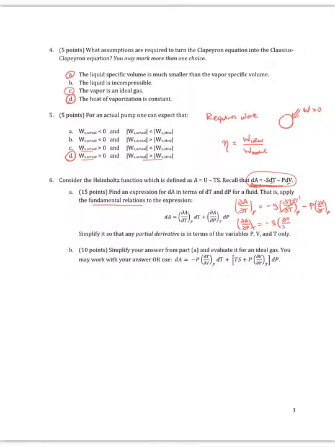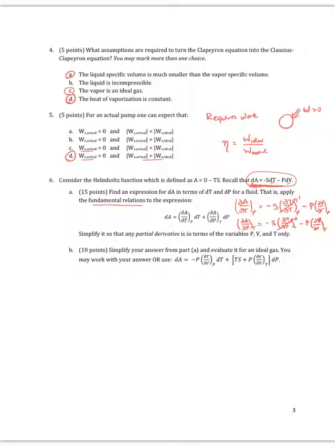So dT dP at constant T, minus P dV dP at constant T. Now, dT dP at constant T, if T is constant, then dT is not changing, and so that's 0.